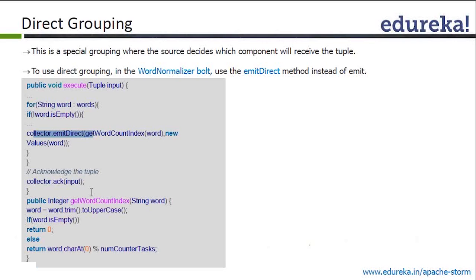So essentially it is doing a kind of field grouping, not really field grouping, if I consider the first letter as the field itself. So all the names starting with V will have the same number, right Vishnu? Similarly, all the names starting with M or A or U will have their own different modulo, right? Vishnu, I am waiting for you.